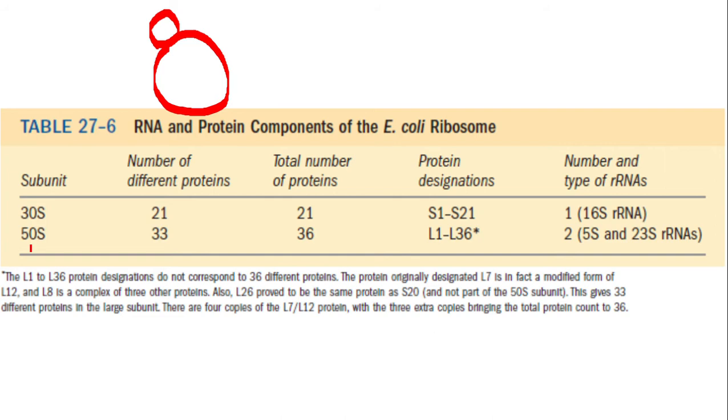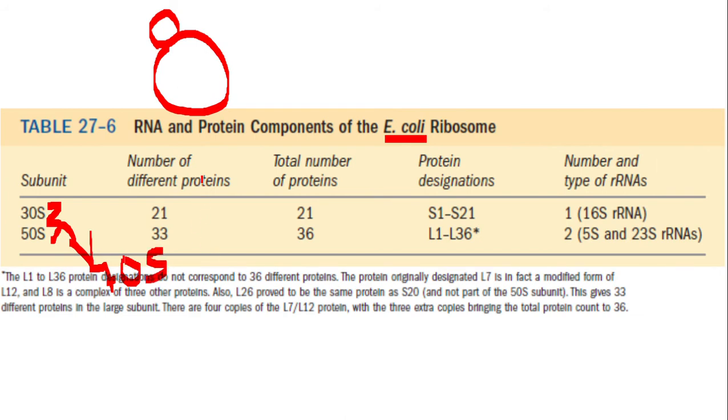We are talking about prokaryotes. When they join together, it is not an additive value of 50S plus 30S. We will get a total size of only 70S. The final ribosome is of the size 70S.